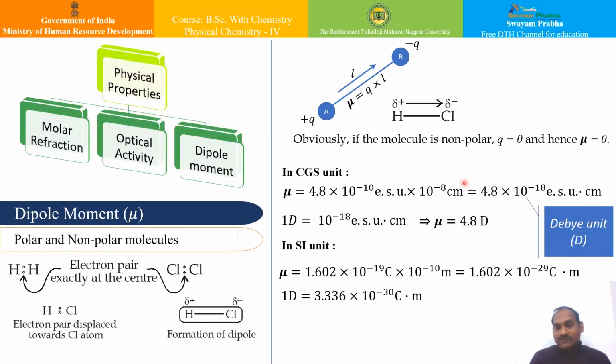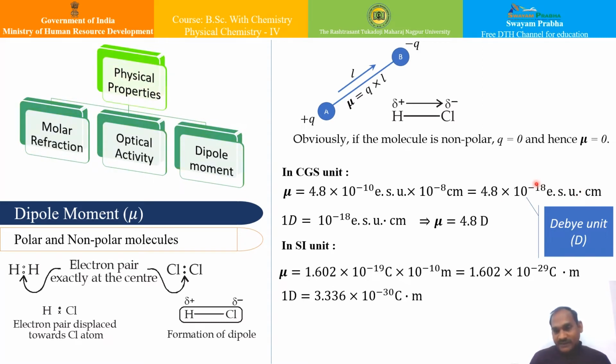Now, herein you can see that electronic charge is of the order of 10 to the power minus 10 ESU, that is electrostatic unit of charge, and the bond length is of the order of 10 to the power minus 8 centimeter. So every time the factor of 10 to the power minus 18 will be generally appearing in the value of dipole moment. Okay.